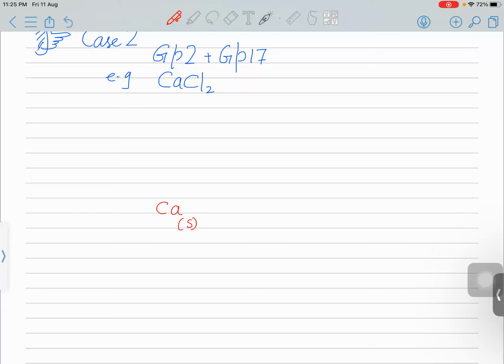So we have calcium solid, then, sir, we atomize it, so convert into calcium gas. This is called H1.